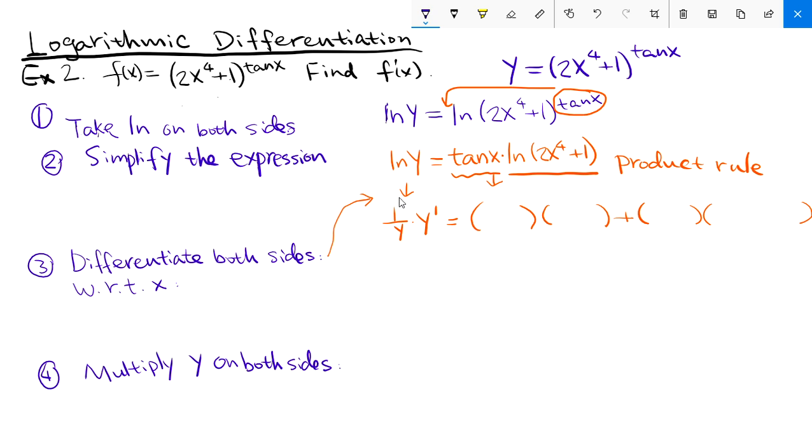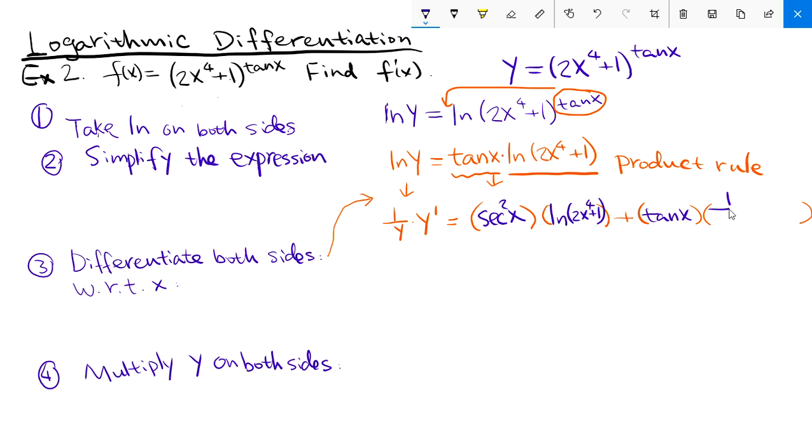Tangent x, its derivative we have learned by formula is secant square x. And my g function, that's the natural log function, I'm just going to copy it down. And then I copy down my tangent x function, and for the derivative of this natural log function, we use the chain rule again.